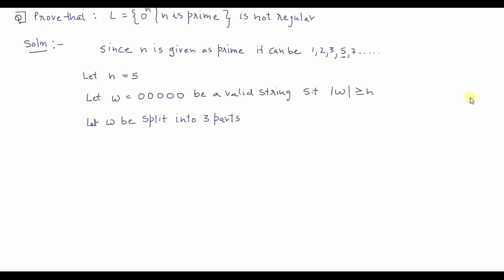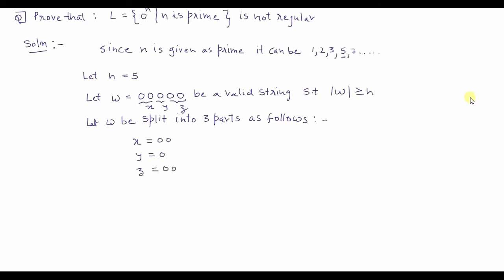And which are the 3 parts? What I'm saying is, let x be the first two zeros, this single 0 will be y, randomly I'm doing this, and the last two zeros will be z. You can try some other combination also. So x is two zeros, y is a single zero, and z is the remaining two zeros.